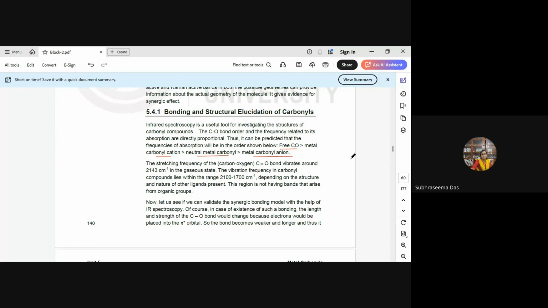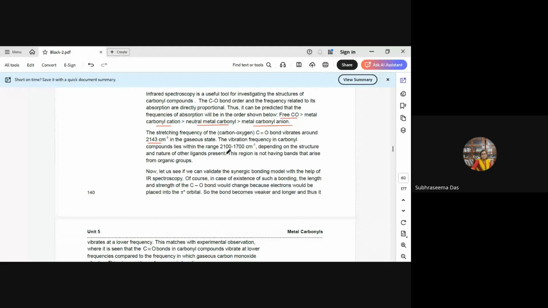The stretching frequency for the carbon oxygen bond is around 2143 in the gaseous state, and the vibration frequency of carbonyl compounds lies in 2100 to 1700 centimeter inverse, depending on the structure and nature of the ligands present.